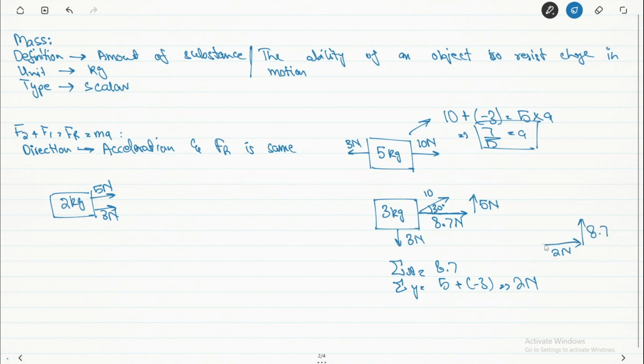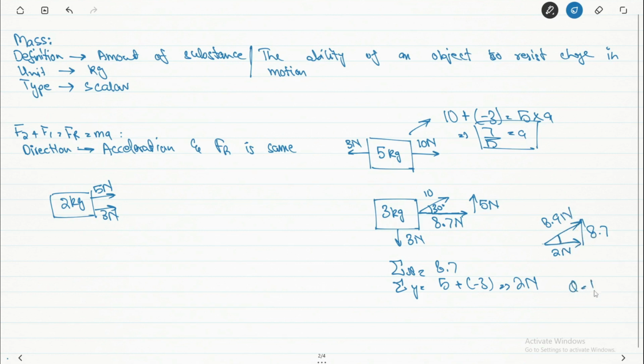These two are the components of our resultant force, and our resultant force would be 8.9 Newtons, rounding off. Its direction would be, let's just do tan theta.